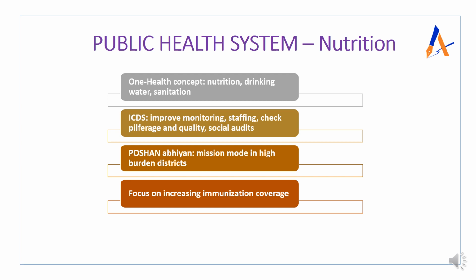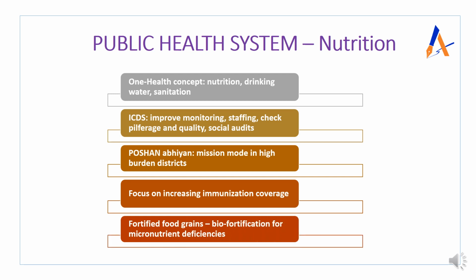With respect to various diseases, be it rotavirus or pneumococcal vaccines, there is shortage, and there are certain focus districts where vaccination is less. So we need to increase the immunization coverage in such areas. Also, talk about fortified food grains and biofortification in order to handle micronutrient deficiencies.